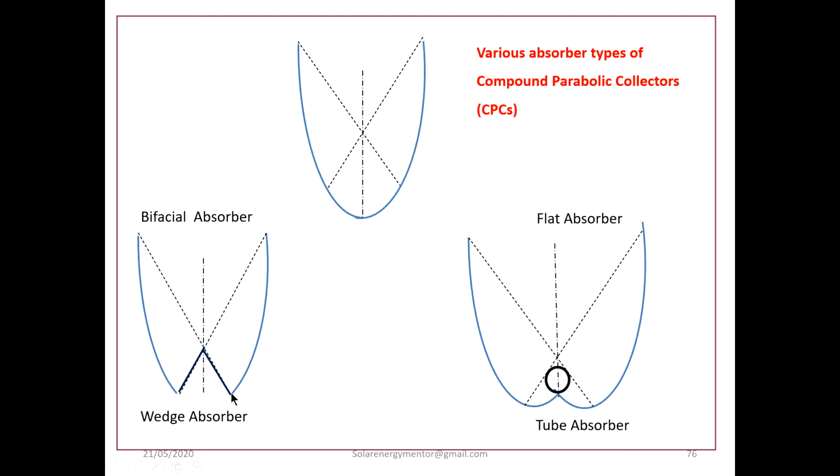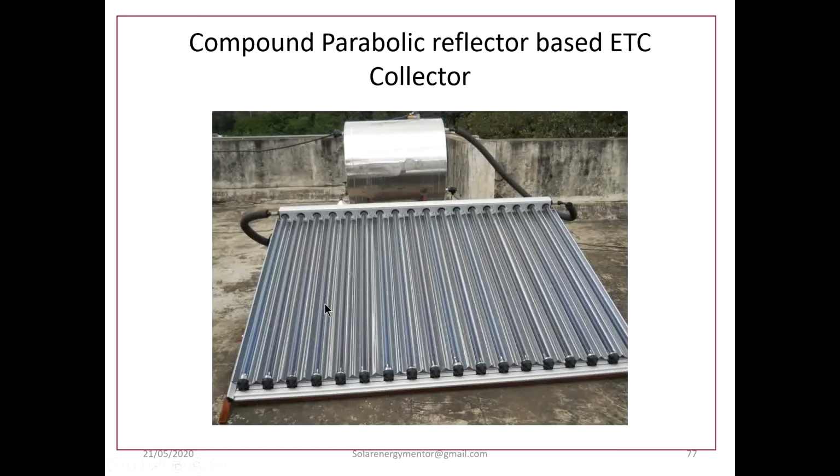And here a tube is provided at the focus. Each structure can be fabricated and experimentally checked, so there are many opportunities to undertake research and projects in these compound parabolic trough collectors.